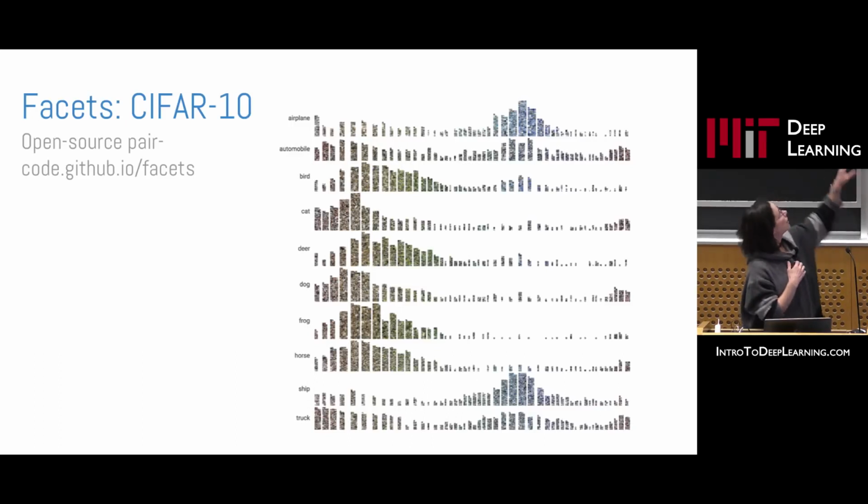But then I can start to play some interesting games. I can say, show me the same data set within each category, but now I want you to arrange this in terms of hue distribution. So now I can see these are little histograms of my pictures per category, per hue. And voila, what are the bluest of the blue airplanes? Or there might be some interesting blue birds here.